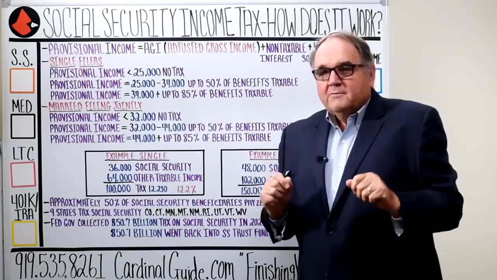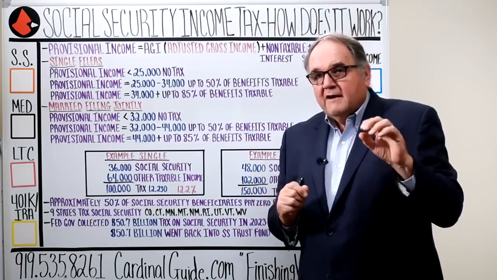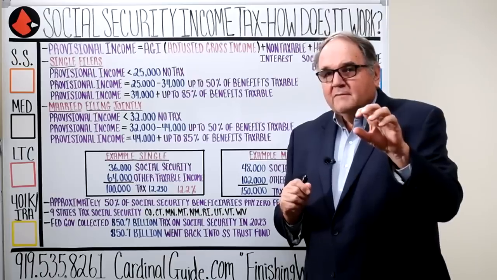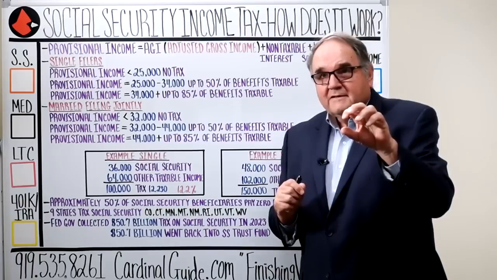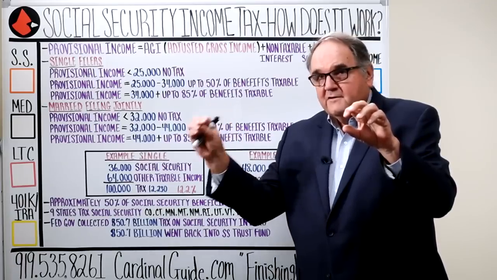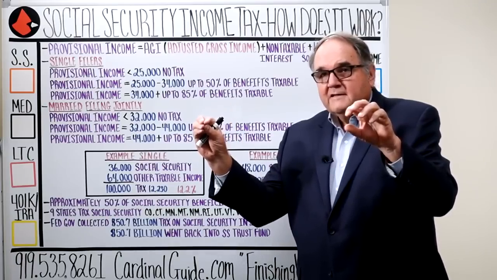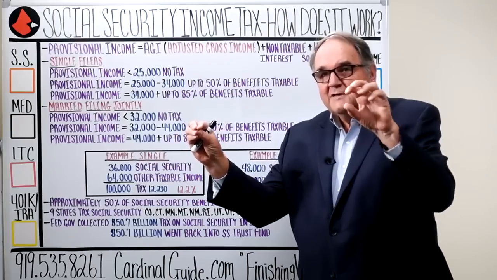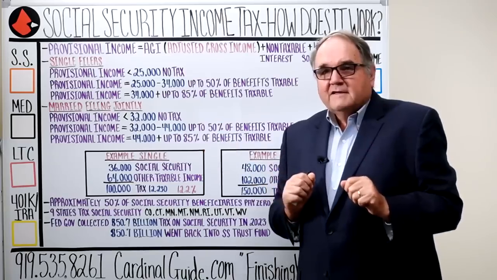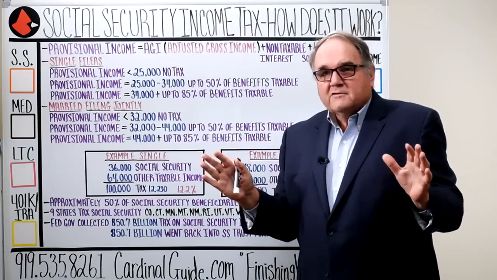If you have a lot of other income, then you're going to pay tax on that other income. And then you have Social Security, you're going to pay tax on the Social Security too, based on the amount of other income that you have. So that's kind of a general description.